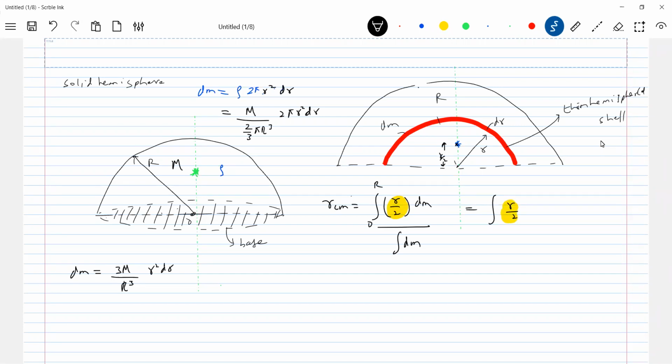Now let's come to dm. dm is how much? 3m by r cube, r square dr. Total mass, let it be m. So here r cube will come outside. So 3 by r cube, 3 by 2, so this will be r cube dr, 0 to capital R. So 3R by 8, from the base.